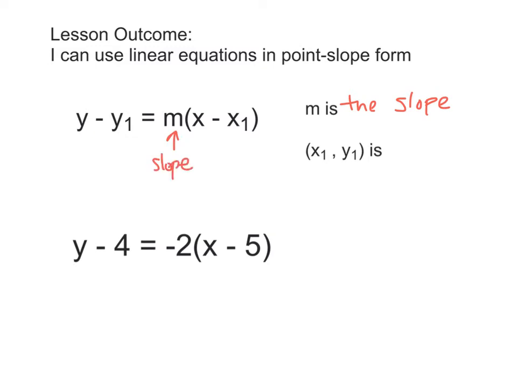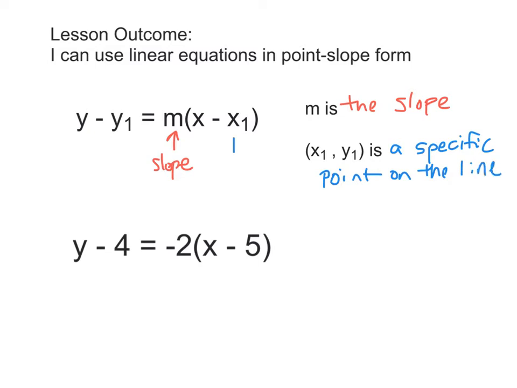And then we know that the x and the y with no sub 1 is just every xy coordinate pair that is on the line. But what about this x sub 1 and y sub 1 right here? Well, x1 and y1, or x sub 1 and y sub 1, is a specific point on the line.